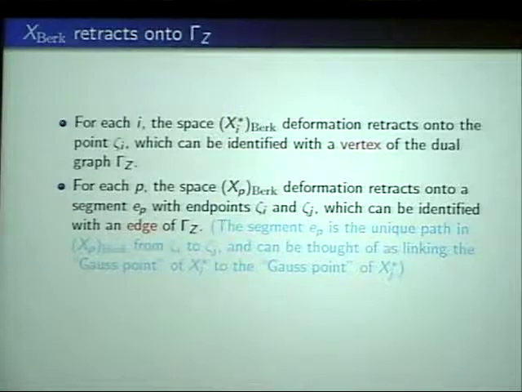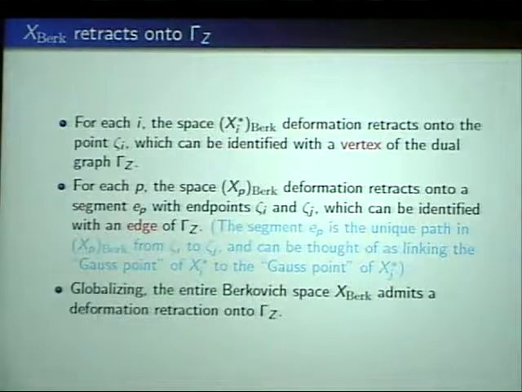So this segment, E_P, you're supposed to think of as linking the Gauss point of X_i star, which is zeta_i, to the Gauss point of X_j star, which is zeta_j. So if you globalize, the entire Berkovich space admits a deformation retraction onto this reduction graph.